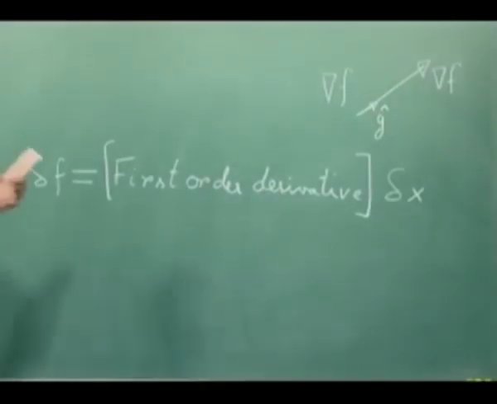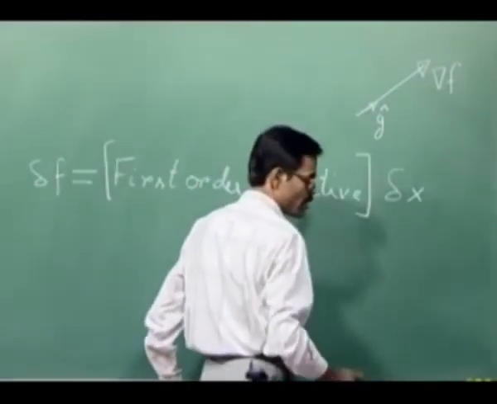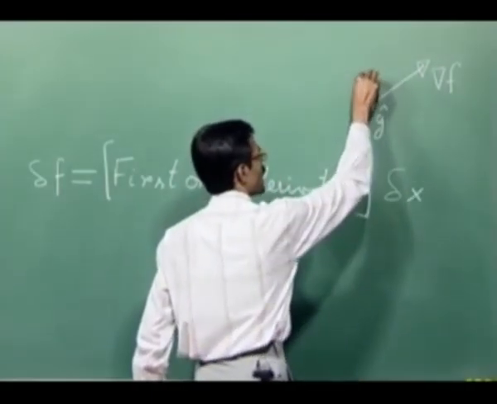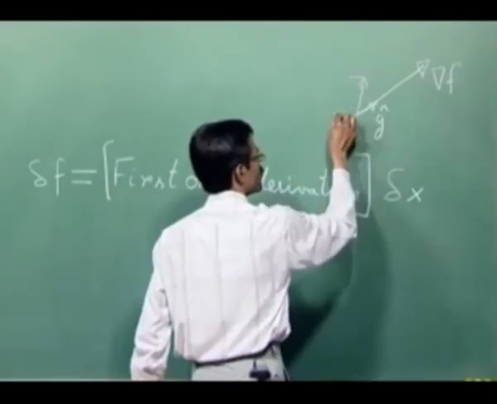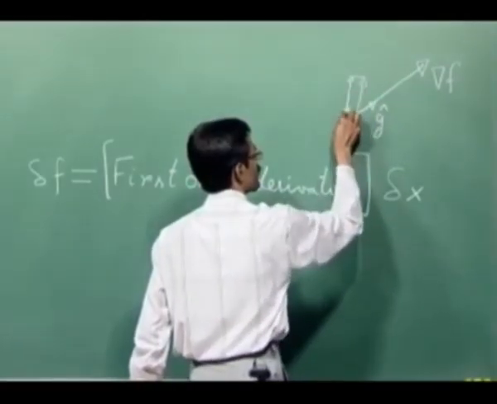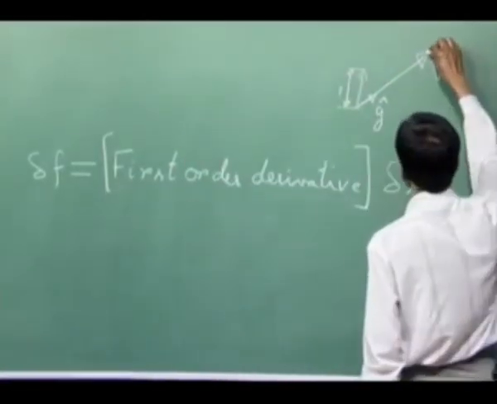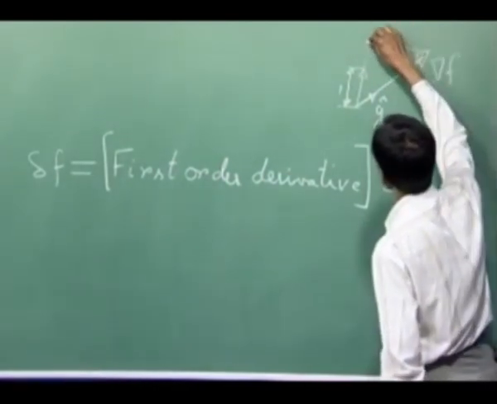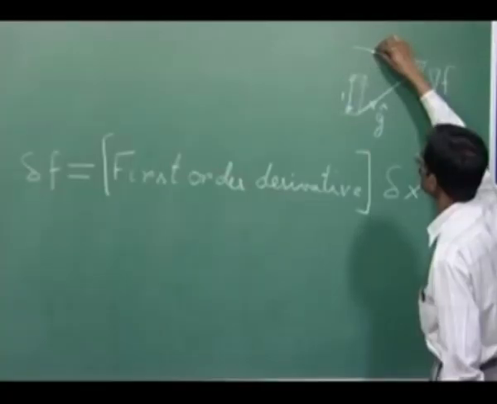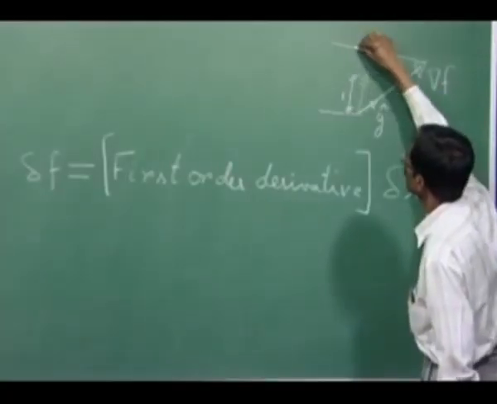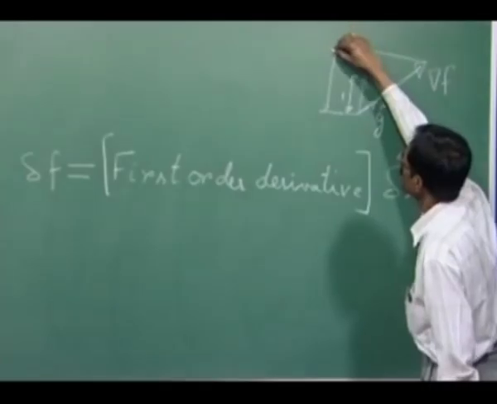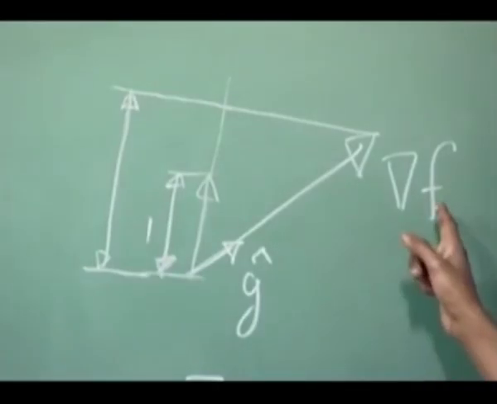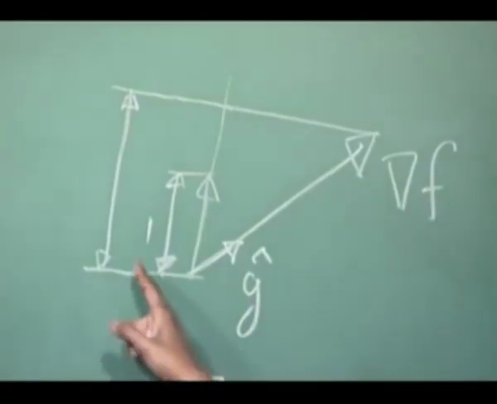If you take this vector as the gradient and you want to find out its component along this direction, and suppose this is a unit vector, then if you work out its component along this direction like this, then this component turns out to be the directional derivative of the function f in this direction.